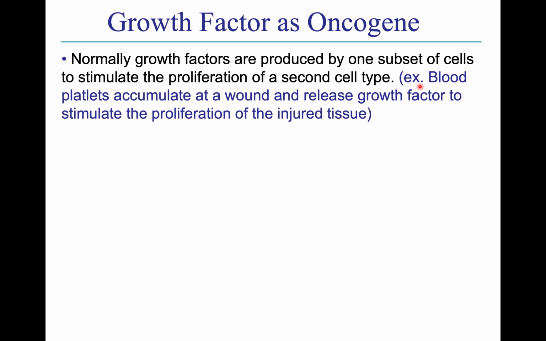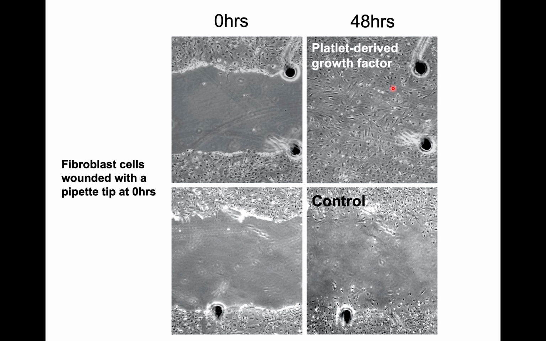So just to give you one example, dealing with platelet-derived growth factor, if you have a wound, blood platelets accumulate, start producing this platelet-derived growth factor that is going to bind to cells in the vicinity and trigger these pathways and cause them to start dividing and basically heal the wound.